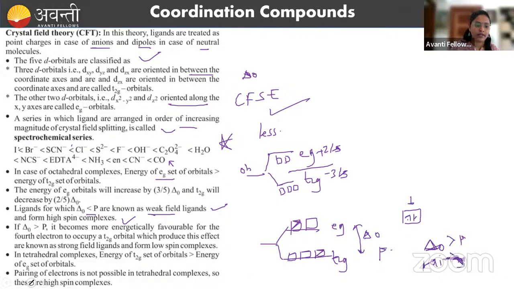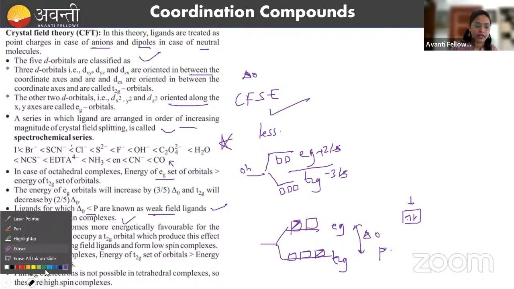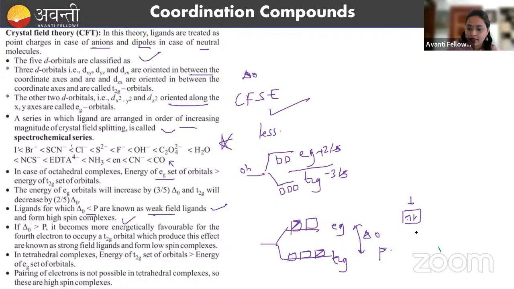So it is happening with the pentam. Very important concept. Okay. See, if delta naught is greater than P, since this gap is greater, what will happen is electrons are going to pair up because gap is more.